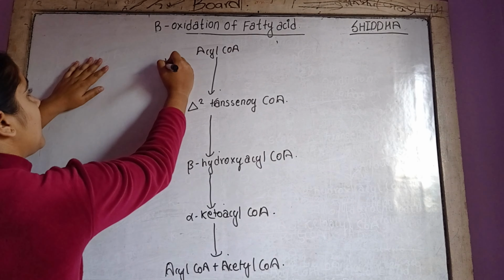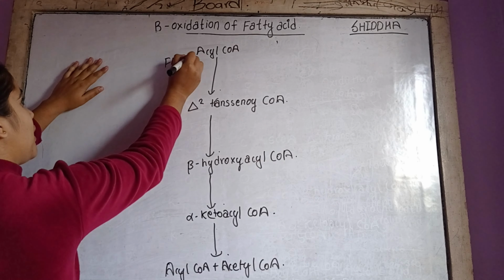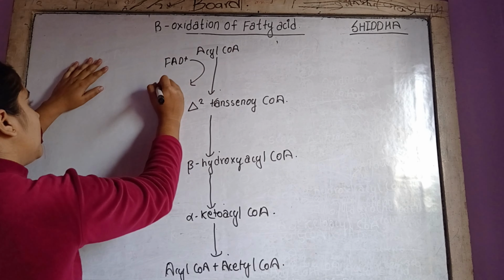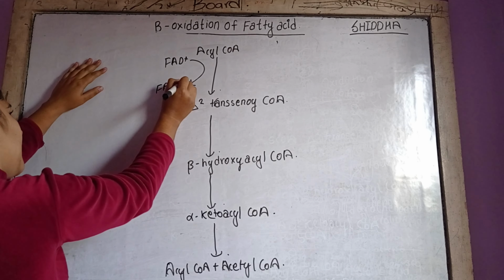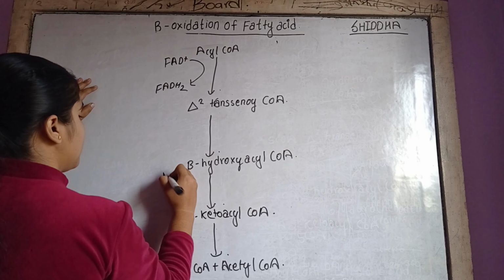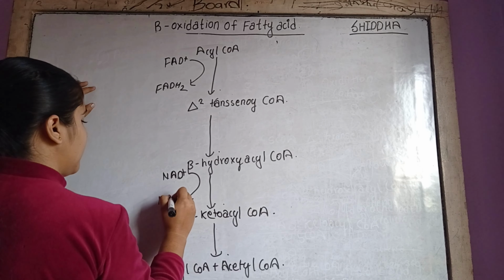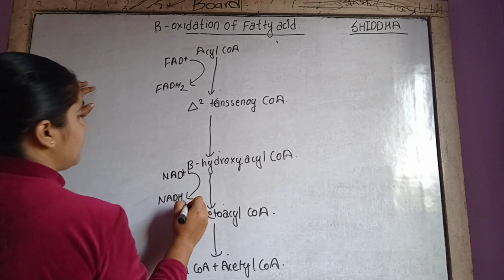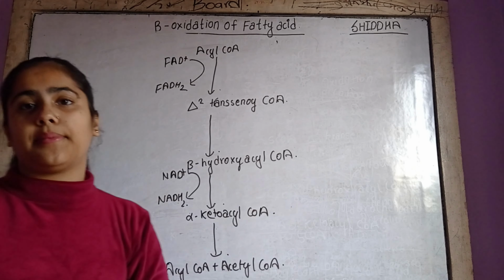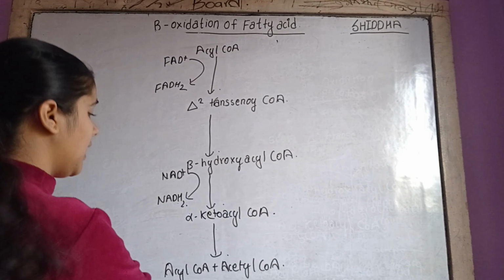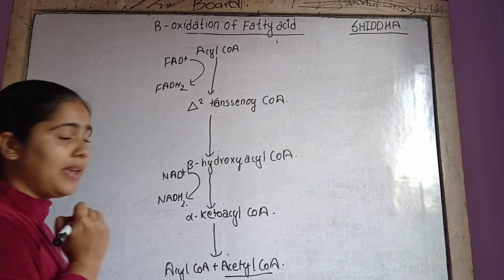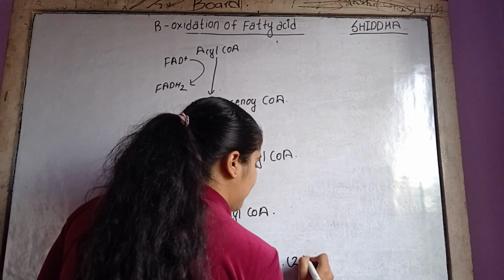So here FAD plus is converted to FADH2, and here NAD plus is converted to NADH2. Now let us write about the energetics. So we have acetyl coenzyme A, which is a 2 carbon unit.